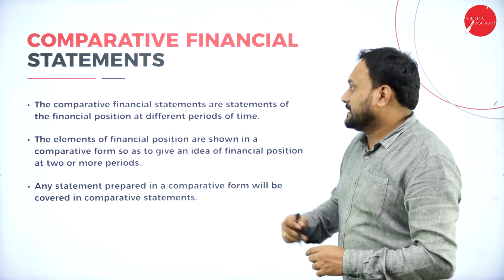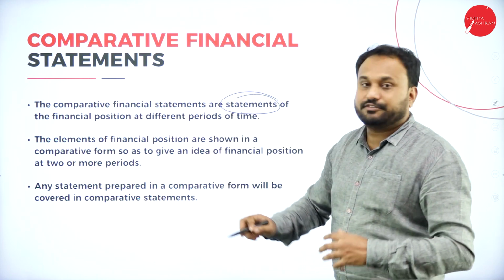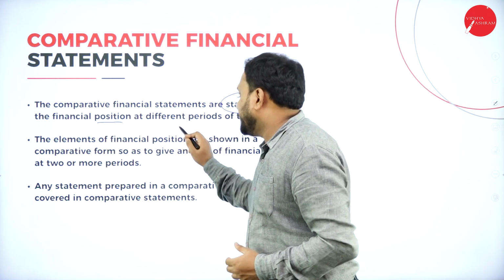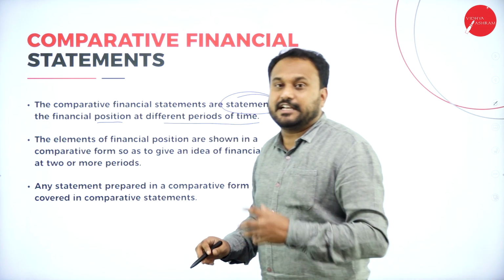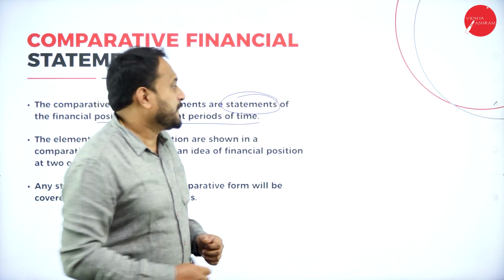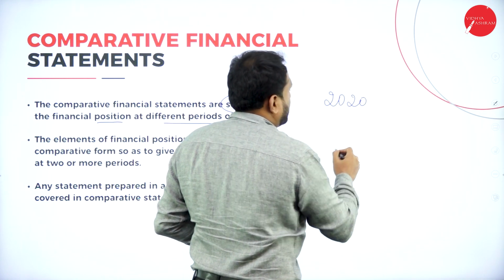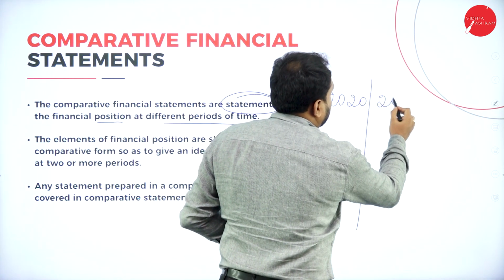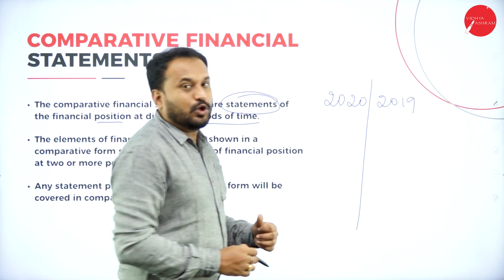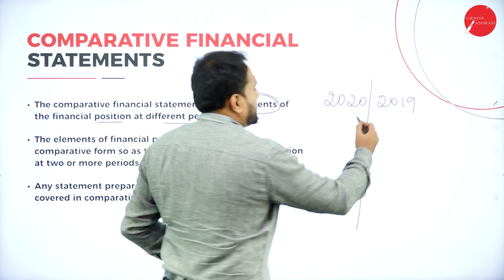The comparative financial statements are statements of the financial position at different periods of time. When I say different periods of time, understand. Say we have something called 2020. Okay, then we have something called 2019. Now, which is the oldest year? Now, this is the oldest year.